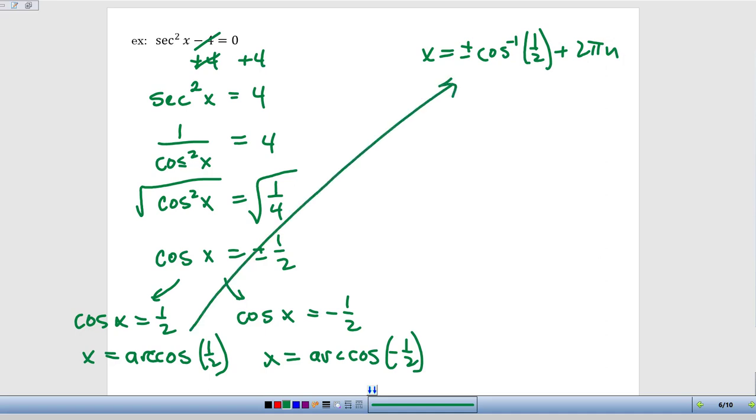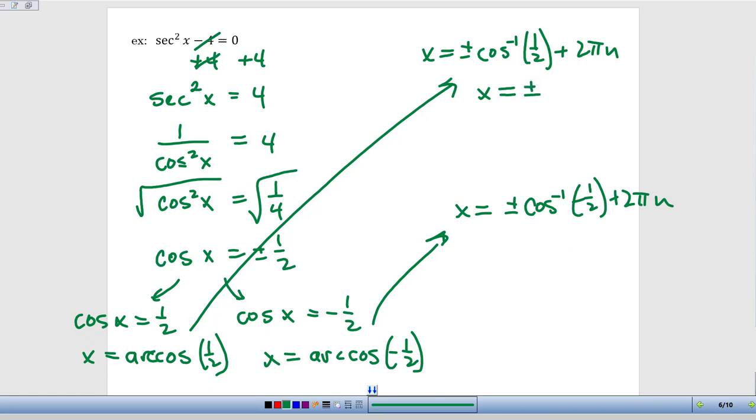And then we're also going to have x equals plus or minus the inverse cosine of negative 1/2 plus 2 pi n. And so we've got to find what that inverse cosine of 1/2 is. We have to find what the inverse cosine of negative 1/2 is in order to solve these two equations.